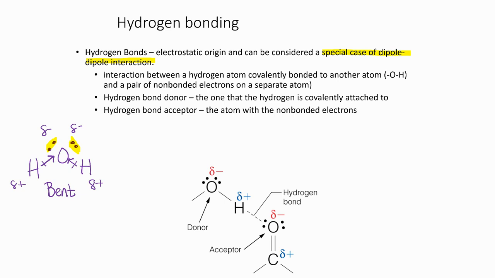And so now water can interact with itself in a very, very strong way because it has a very strong dipole moment, but also the oxygen's small and very electronegative. So these two water molecules can get very close together. And that's going to create a very strong intermolecular force. And we call that hydrogen bonding.